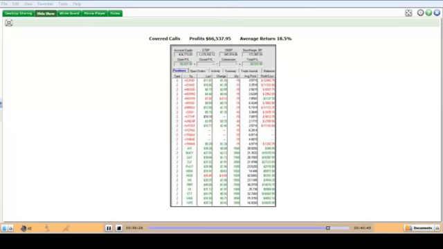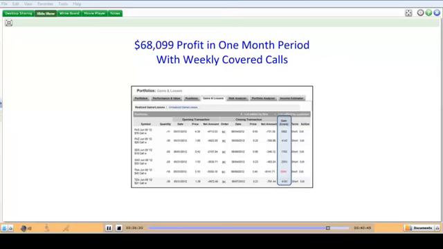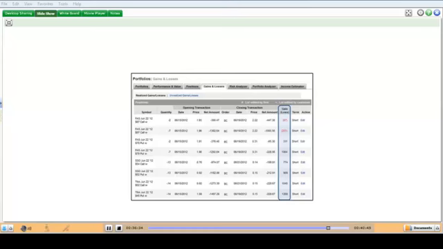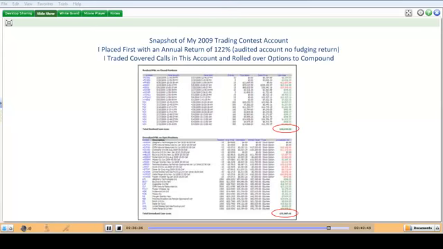Okay, this is a snapshot of my 2009 trading contest account, and as I mentioned, I traded monthly covered calls back then because they didn't have the weekly covered calls, but I was able to roll over my monthly covered calls and compound my returns.